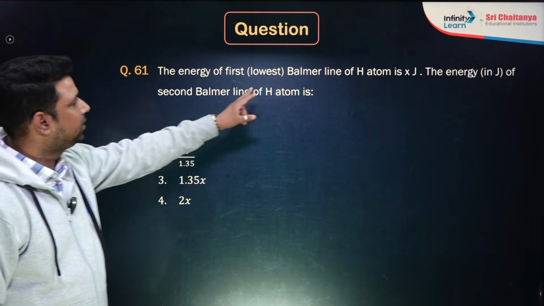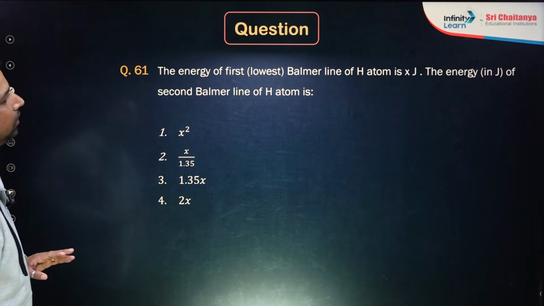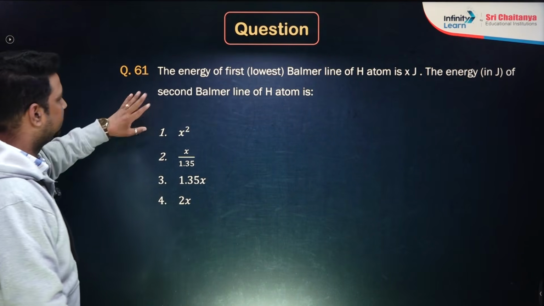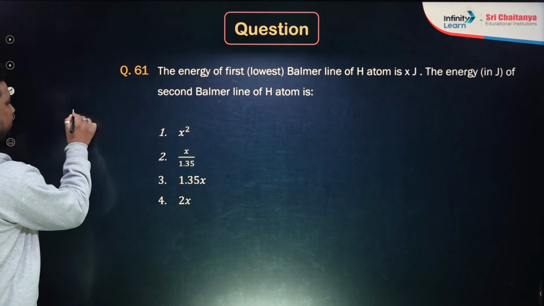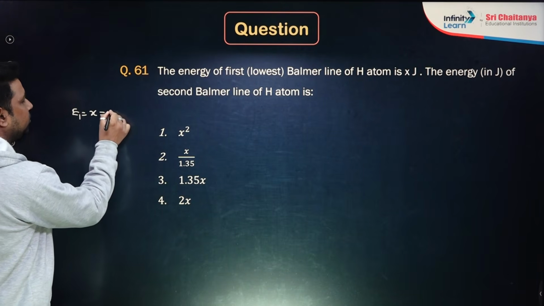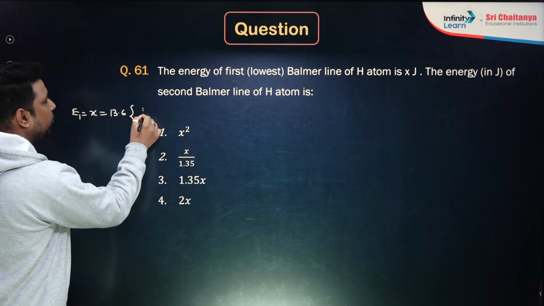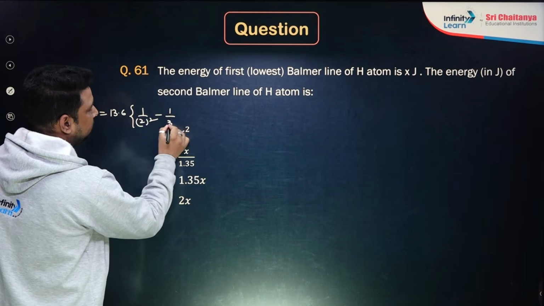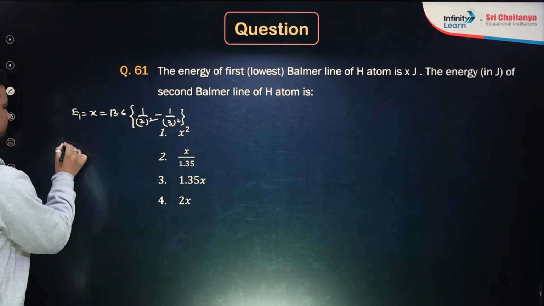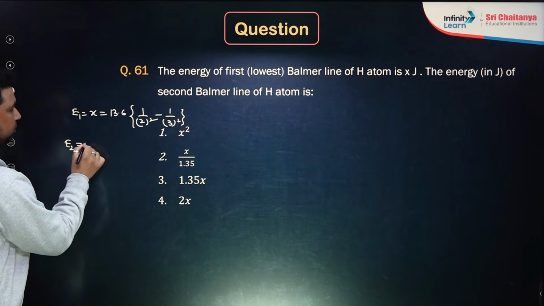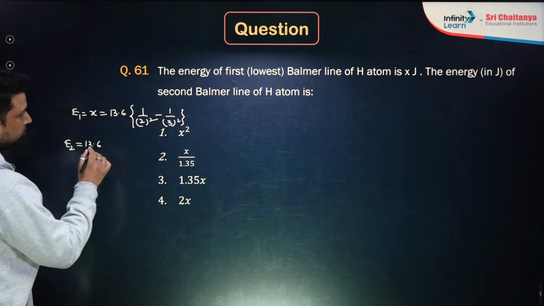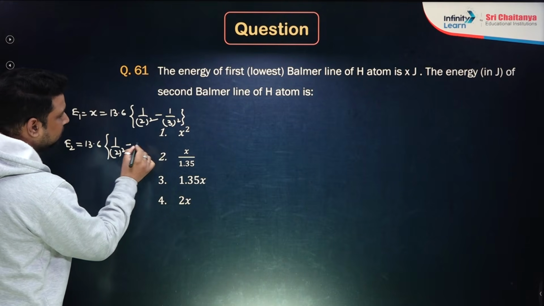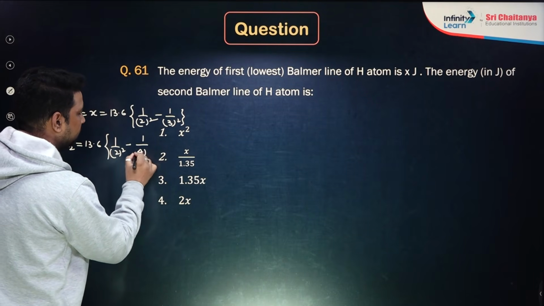The energy of the first Balmer line is x joule. The first lowest Balmer line is x, then the second. So you know that x equals 13.6 into (1 by 2 square minus 1 by 3 square). And for the second, let's say it is E2, 13.6 into (1 by 2 square minus 1 by 4 square).